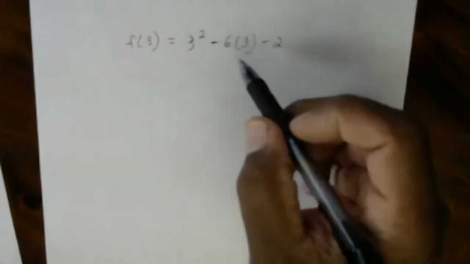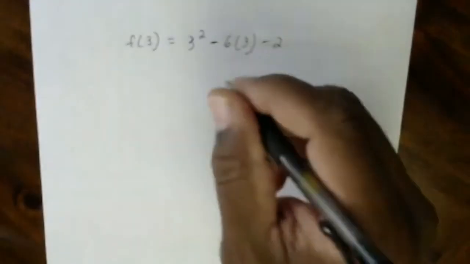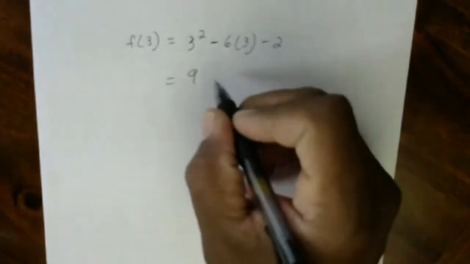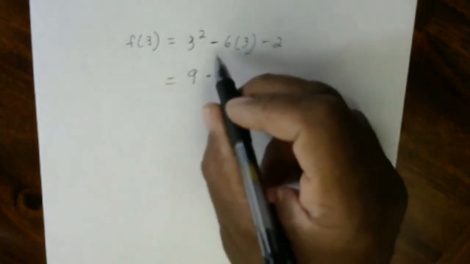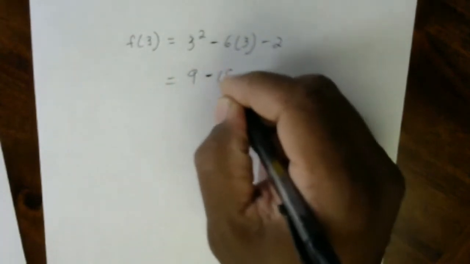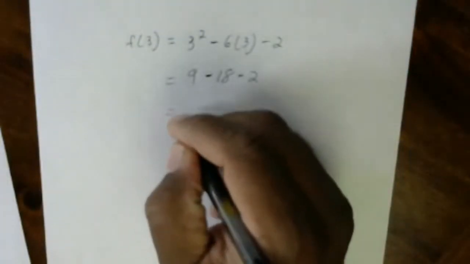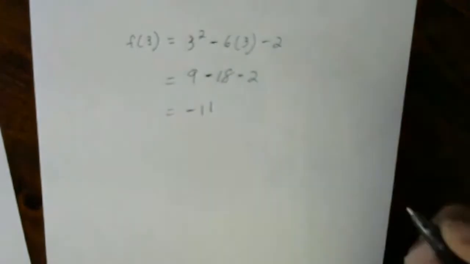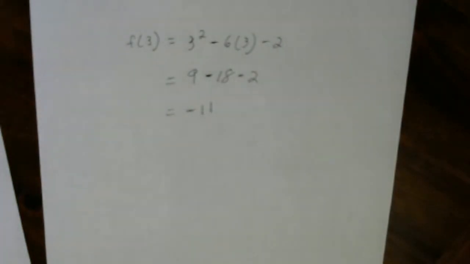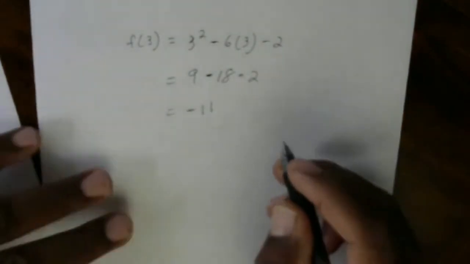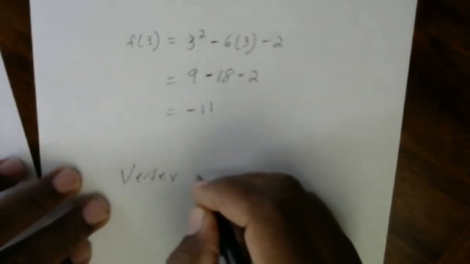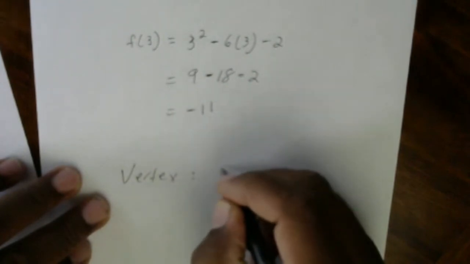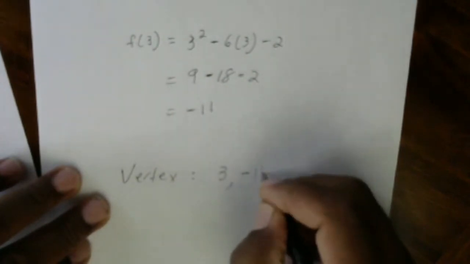All right, and now I just want to simplify. So 3 squared is 9 minus 6 times 3 is 18, minus 2. And I believe once all the dust settles on this, I get negative 11. So my vertex is 3 comma negative 11.